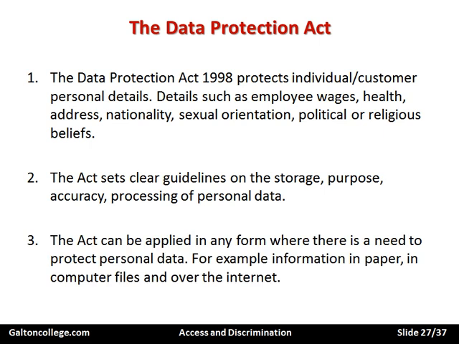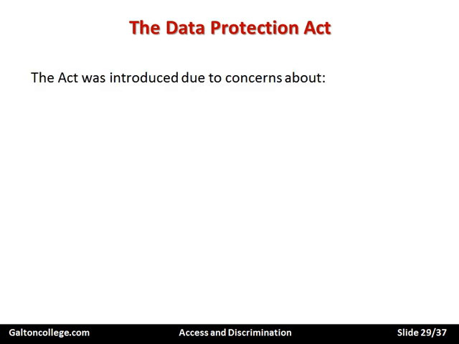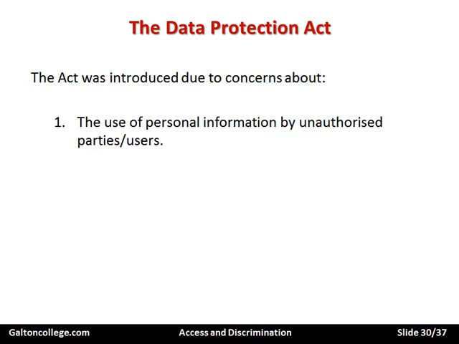The Act can be applied in many forms when there is a need to protect personal data. For example, information in paper or in computer files and over the internet. So the Data Protection Act tries to protect individuals in total, but as I said, it's a very difficult situation to deal with. The Act was introduced due to concerns about the use of personal information by unauthorized users.